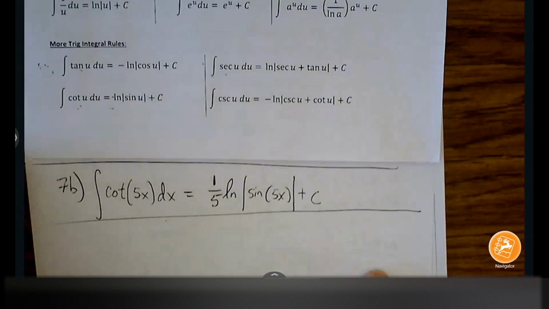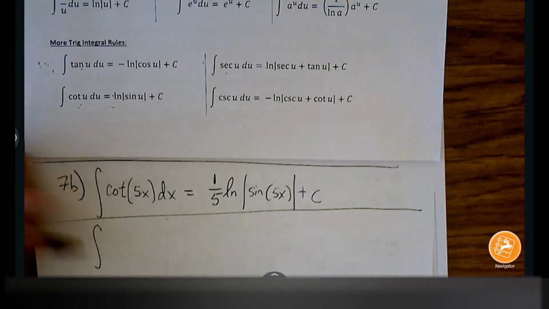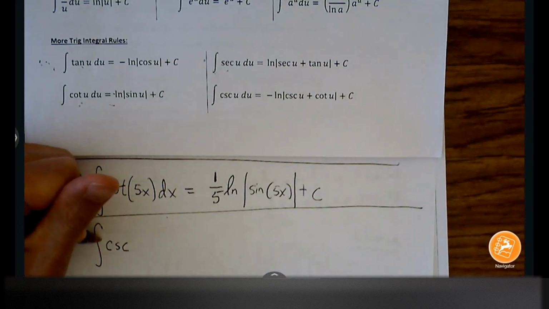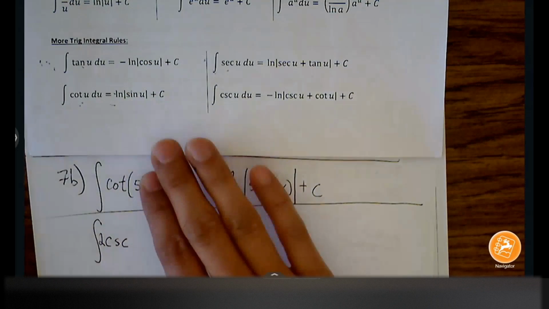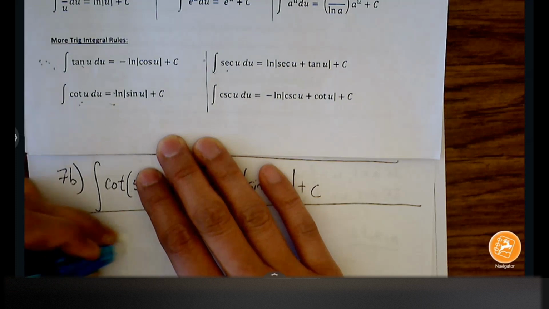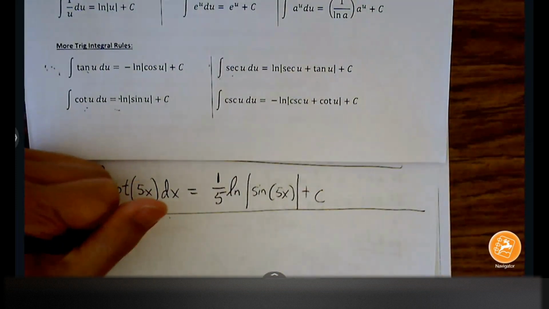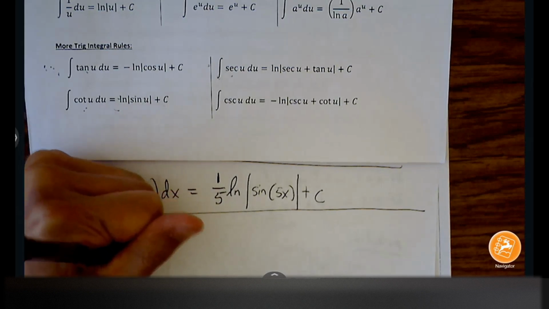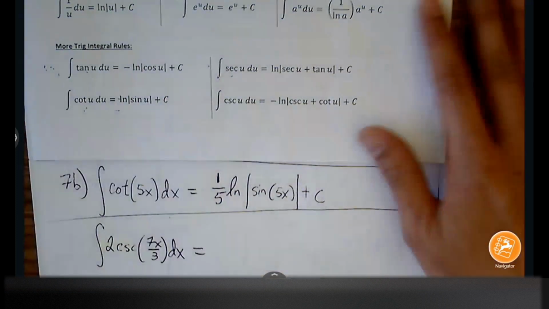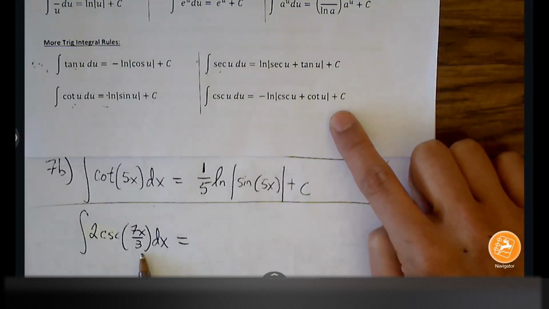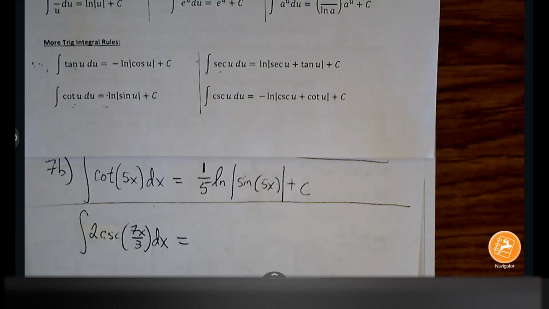So let's do another one. Let me give you this one here. What if it was... can you jump to the answer without having to do a whole bunch of U-substitution?